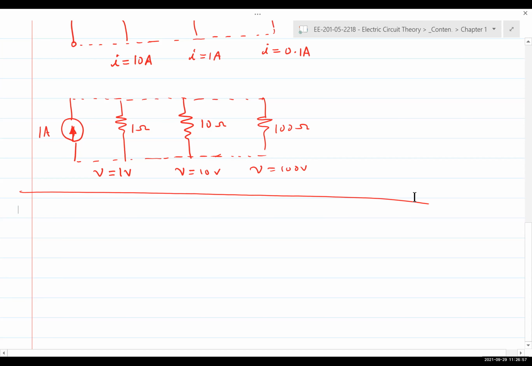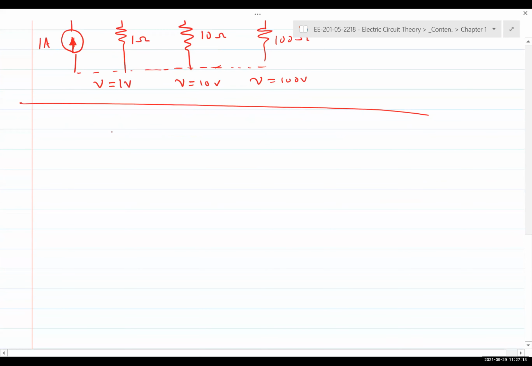So its value does not depend on anything else. It is self-contained. So the sources that we just talked about are all independent of everything else in the circuit, and so they are referred to as independent sources. The circular symbol that we saw signifies that it is an independent source.